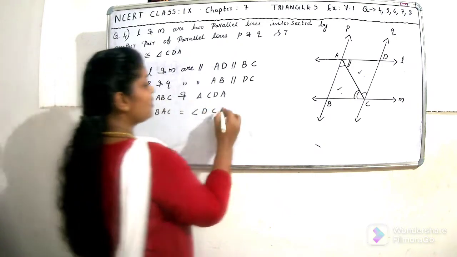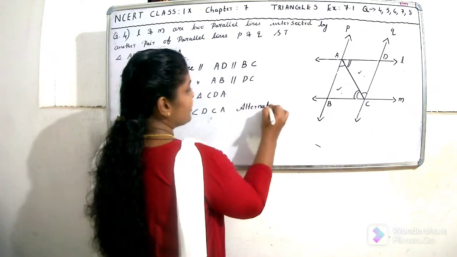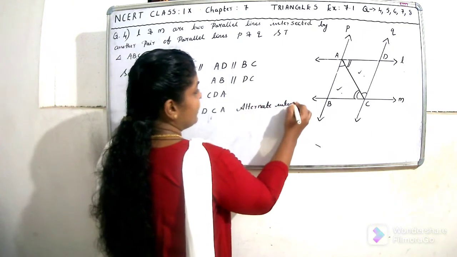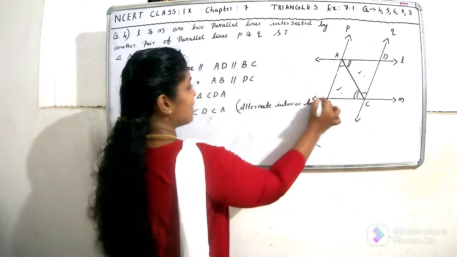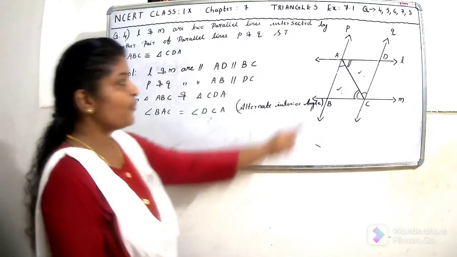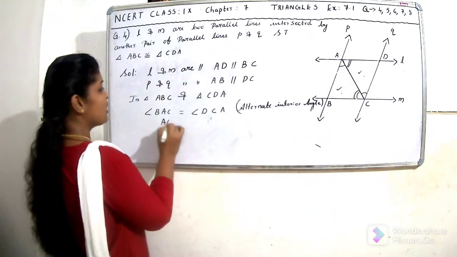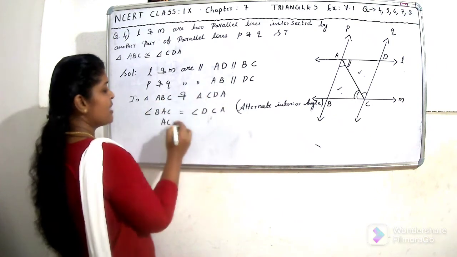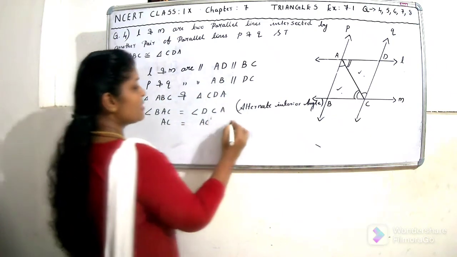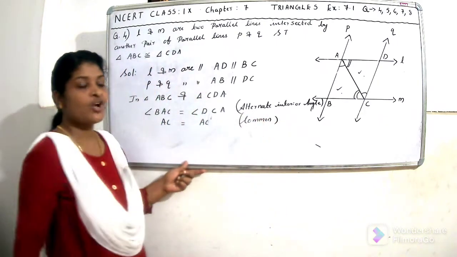These two are equal because of alternate interior angles. Alternate interior angles are always equal. Now this side we are taking, AC is common. So AC here, here also AC. AC equals AC because that is the common side.